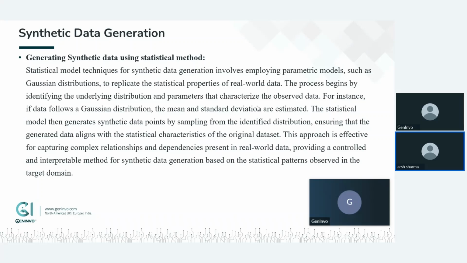So what does this mean? It means that the synthetic data we are producing shall be in alignment with the statistical characteristics of the original data. If the original data has a normal distribution, then the synthetic data generated shall also follow that pattern.